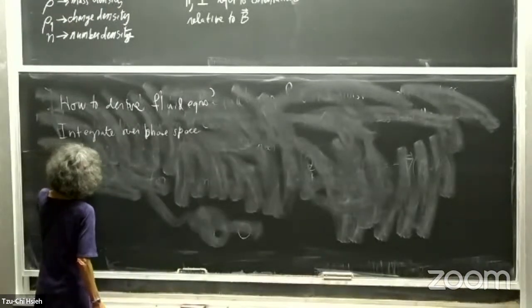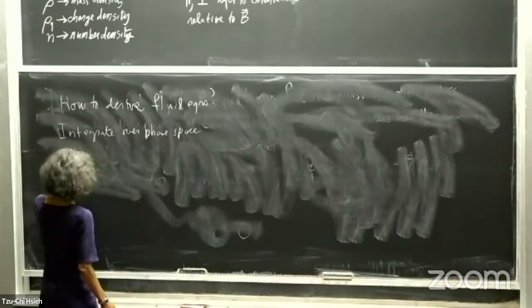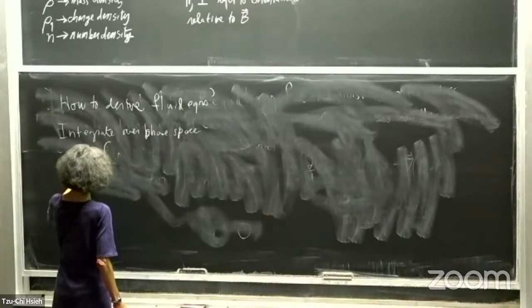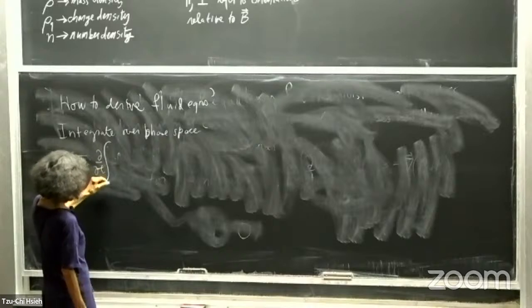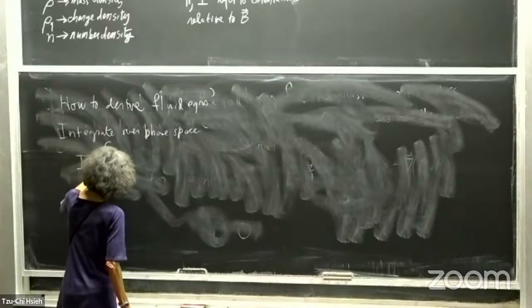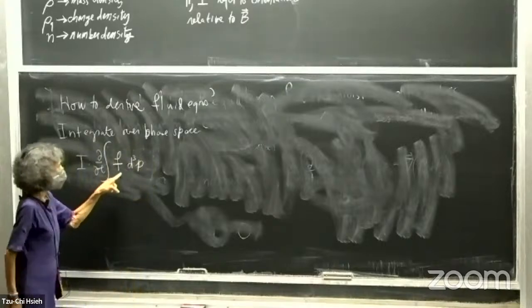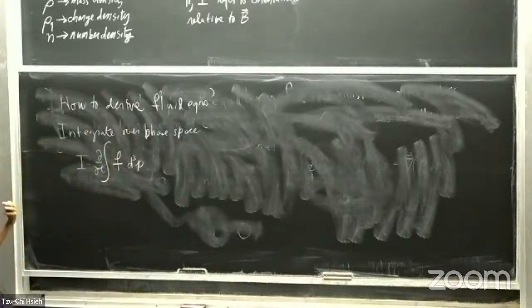So for term 1, the integral of, so I can take the time derivative outside, partial p of f d3p. So the integral of f over momentum space has a name. It has a name that we know.